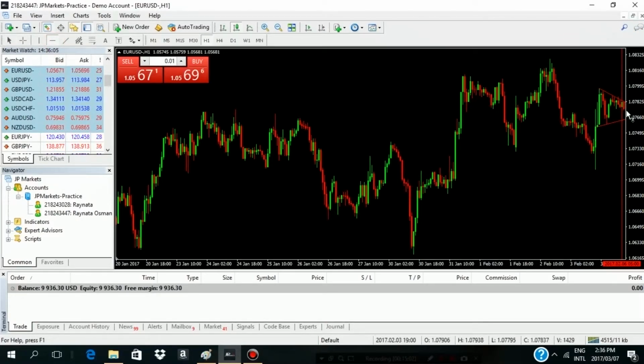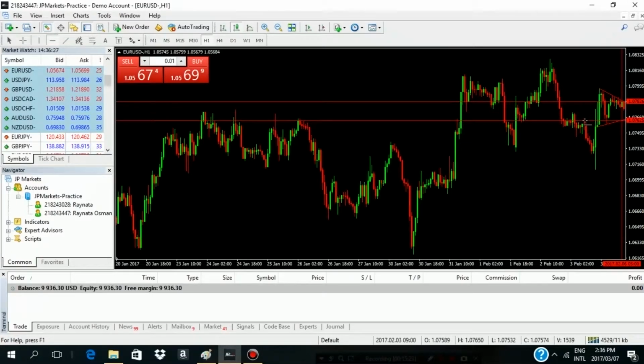Right now, from there, we want to take a horizontal line and place it in line where your vertical line touches your resistance. And then we want to take another line and place it where your vertical line touches your support.